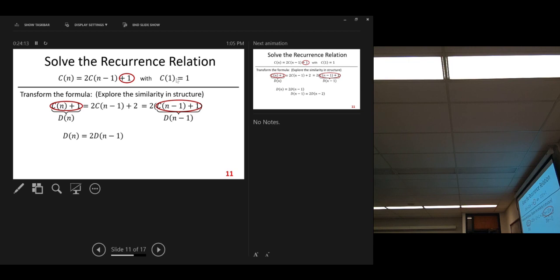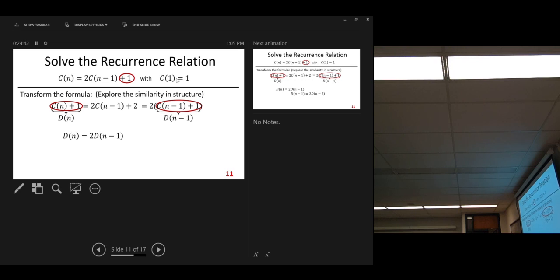Plus 1 is gone. See? In this new equation, that plus 1 term is gone. Is it easier to solve? No plus 1. Only d. So when you increase the size by 1, from n minus 1 to n, you just multiply by an extra 2. That's simple.